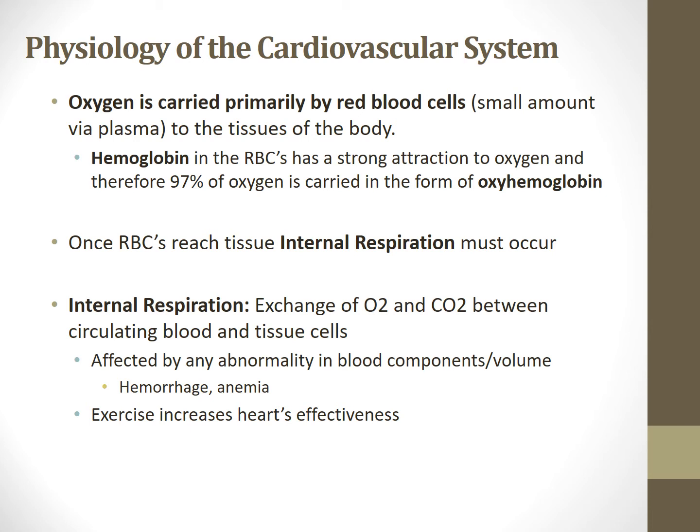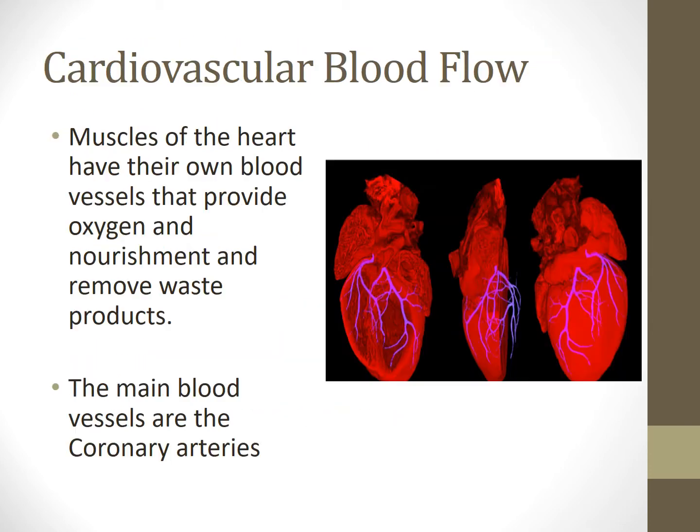Another one I think of is sickle cell disease. So just be aware that if you have somebody coming in with those conditions, you're going to want to be looking at their RBCs, their hemoglobin levels, and keeping an eye on their oxygenation levels.